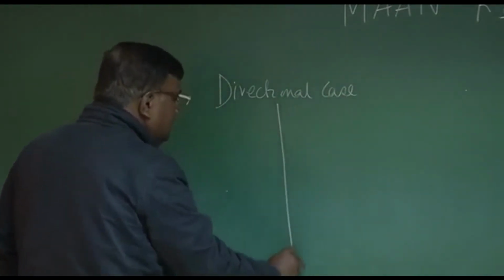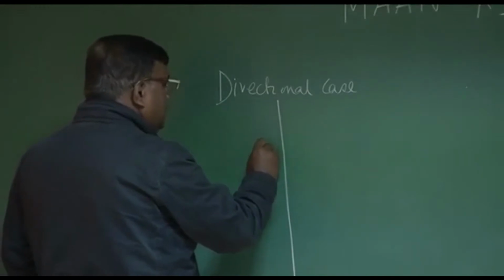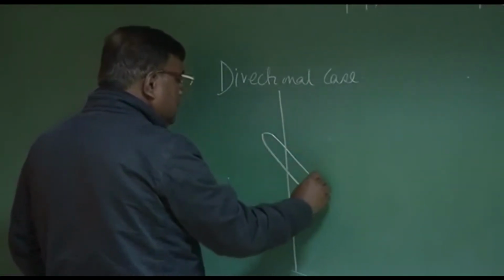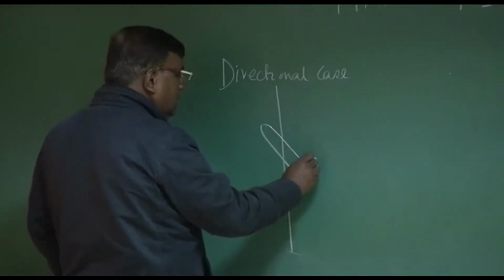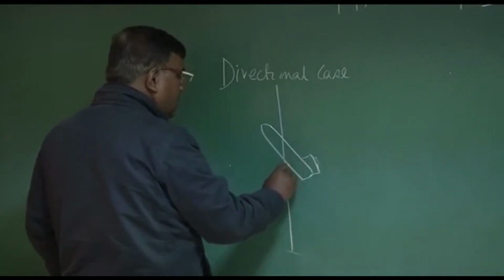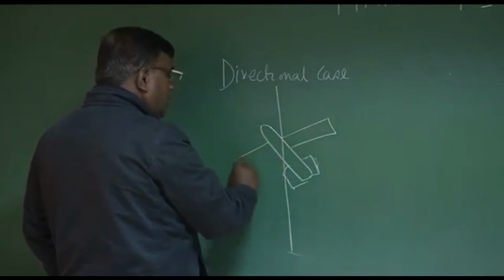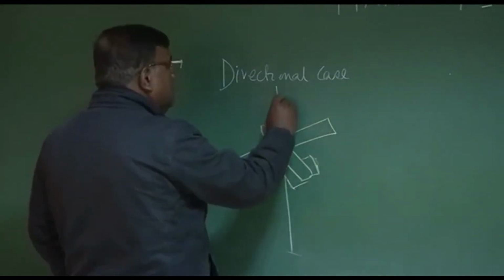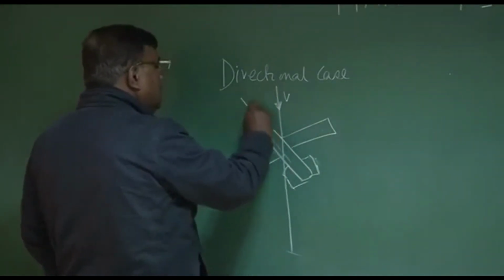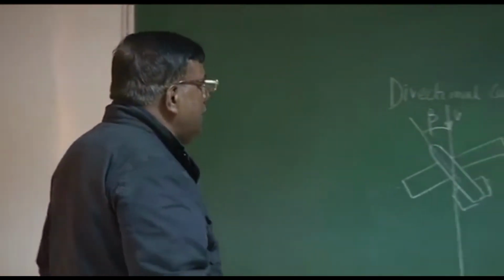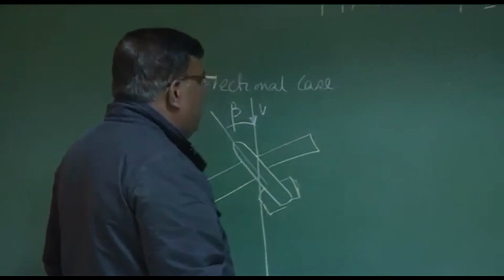We said if I am flying the machine like this, this is the relative wind V, and this is beta. We are revising the directional case.